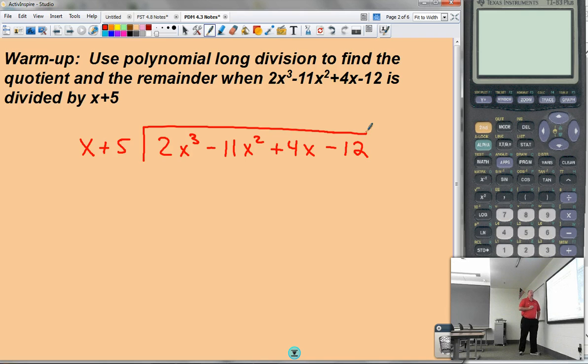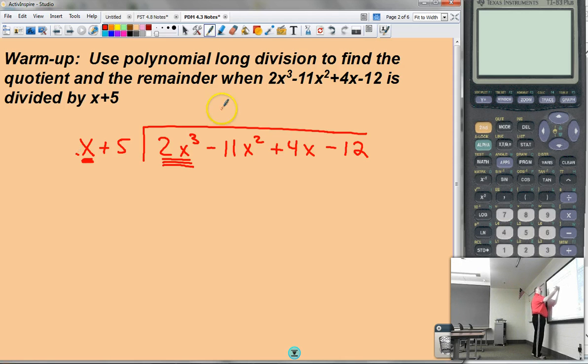The first thing, and the only thing that you need to focus on, is the first term of your divisor, which in this case is x, and the first term that you're dividing into, which is 2x cubed. You need to answer the question: what does x need to get multiplied with to get 2x cubed?